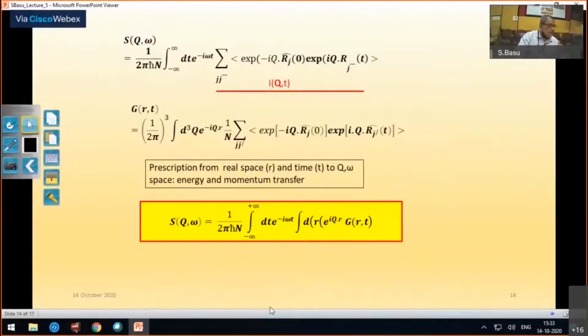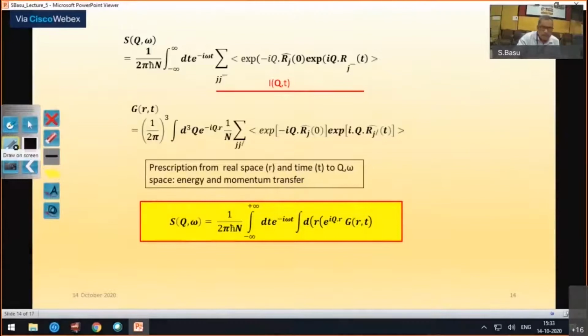You see, this S of q omega is a time Fourier transform of exponential minus i q dot rj0, exponential i q dot rj prime at time t. This should be j prime. And then I'm also defining g of rt, which is the inverse Fourier transform.